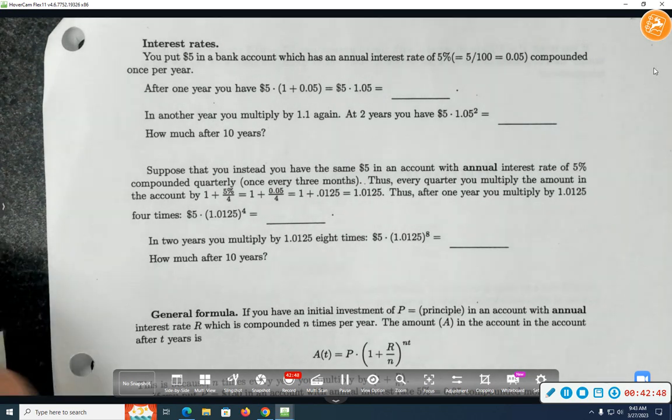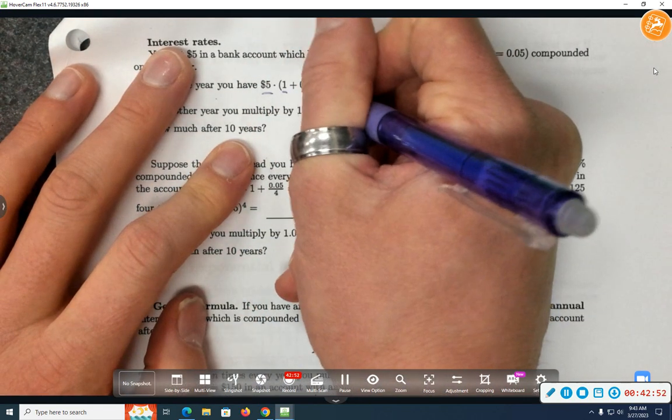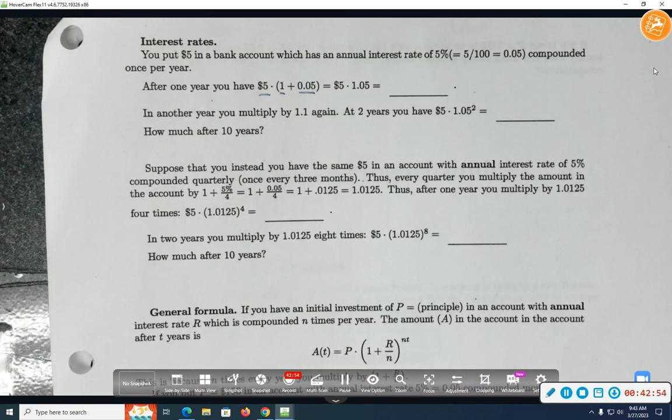So after 1 year, you'll have the original $5, so $5 times 1, plus an extra 5% of $5. So that's 5 multiplied by 1.05, also known as, I don't want to do it myself just because I saw some people plugging things into their calculators already.